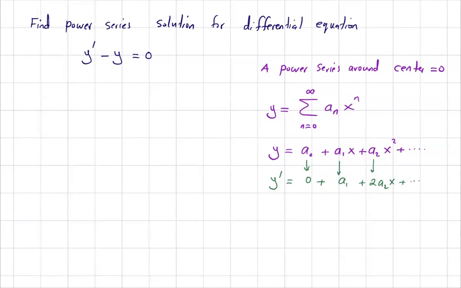But what is the pattern that you're seeing here? You're basically taking the derivative of x to the n. So y prime can be written as the summation of a_n times n x to the power n minus 1, but now your n starts at 1 and goes to infinity.